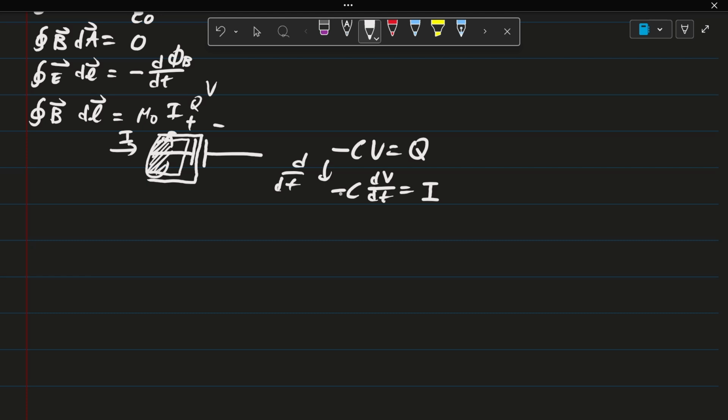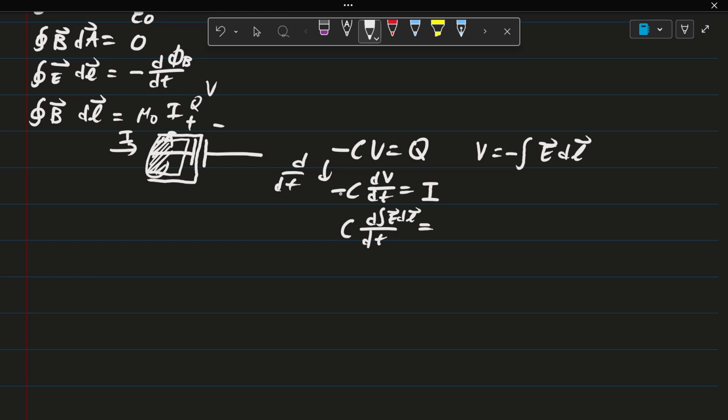Now, there is a fact in which we could obtain our V to be the negative integral of the E vector dot dl vector. This is something that we have already obtained before. So we could rewrite this as C d over dt of the integral of E vector dot dl vector.